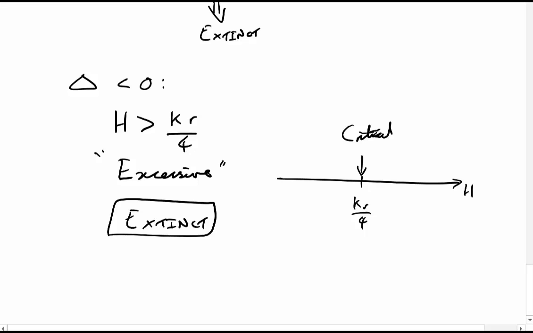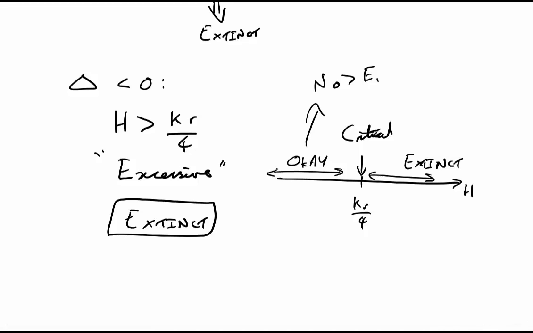If we're to the right of that, so in other words, we're harvesting more than that value, we're going to become extinct. We're harvesting too much. We're taking too much out of the system. To the left of that, we're okay, providing n0 is greater than our first equilibrium point, providing our initial population is big enough. If our initial population isn't big enough, in other words, if there's not enough there to start off with, then it will become extinct. Okay, so hopefully that makes a bit of sense.